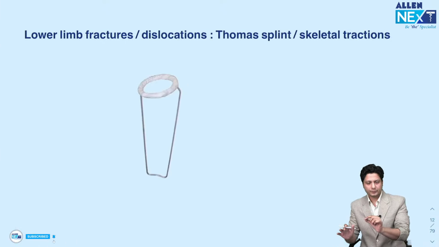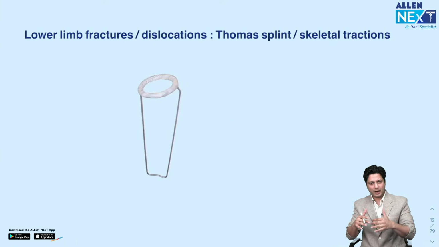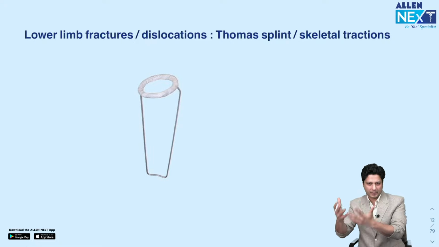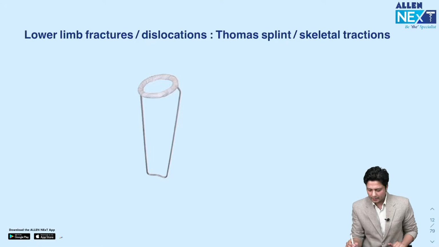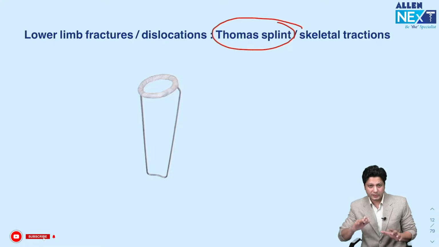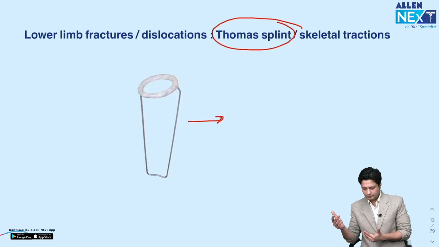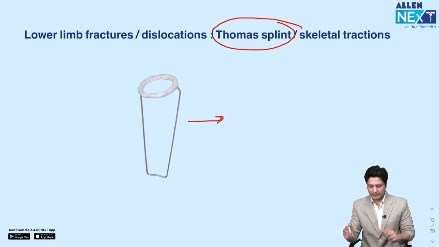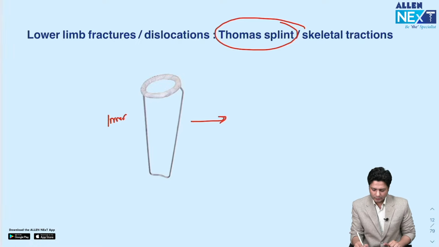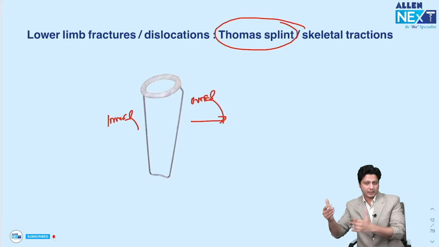But for lower limb, after reducing the fracture, after rendering the patient relatively painless, it could be splinted by a Thomas splint, and this is how you are going to identify a Thomas splint. All right. Here, the Thomas splint is having an inner bar. The Thomas splint is having an outer bar. How to identify the outer bar?